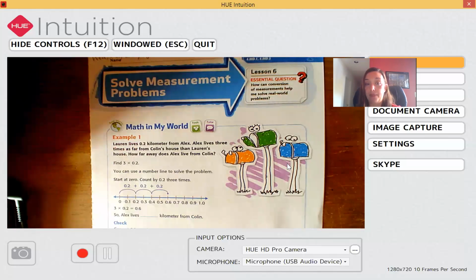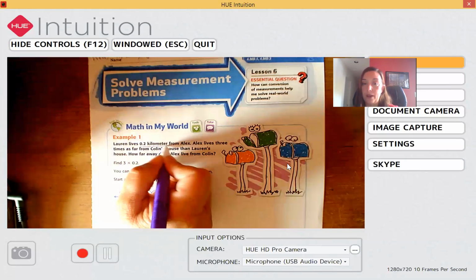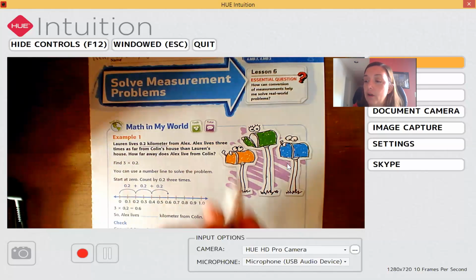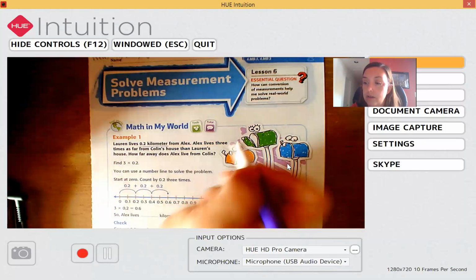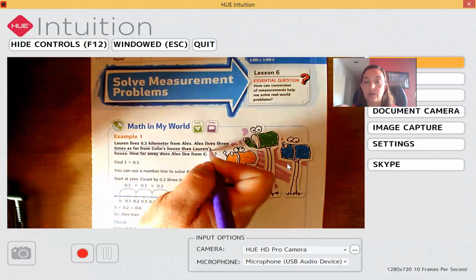So let's look at the math information that we have. We have the math information that Lauren lives 2/10 of a kilometer away from Alex, okay? And then we also know that Alex lives 3 times as far away from Colin's house as from Lauren's house.